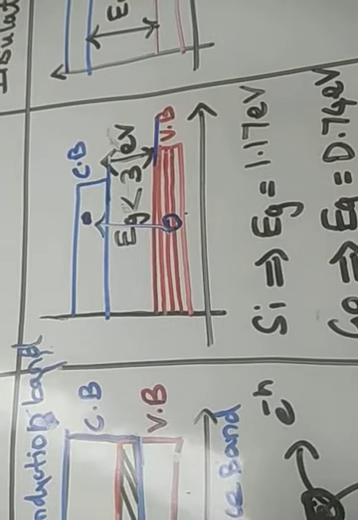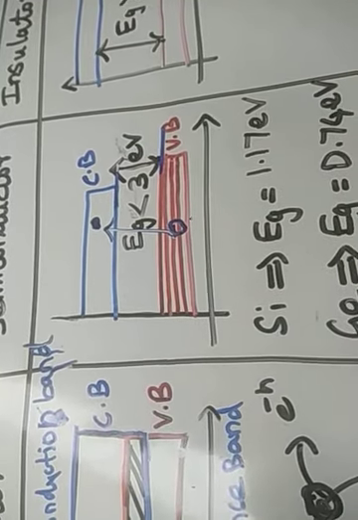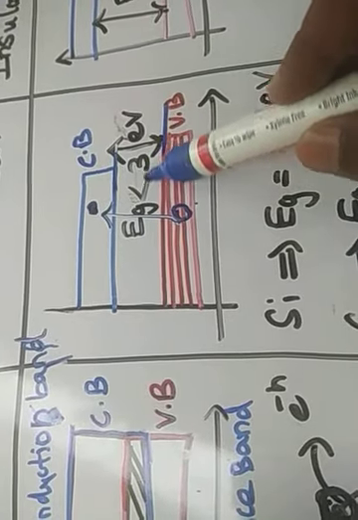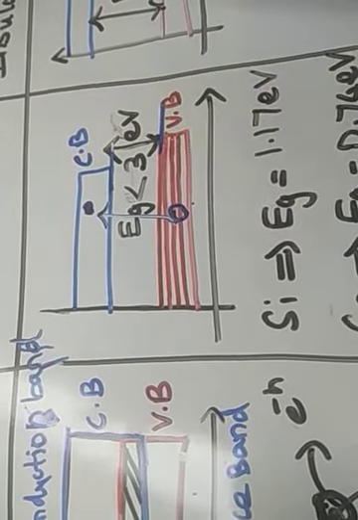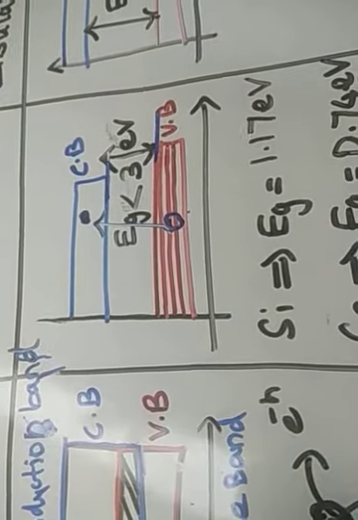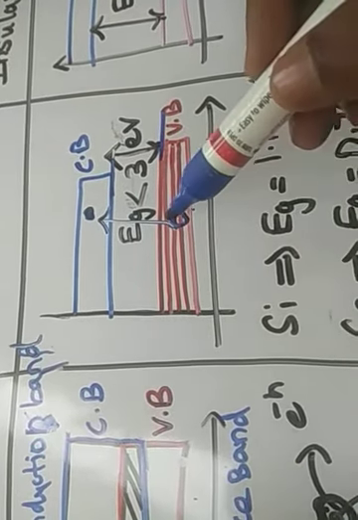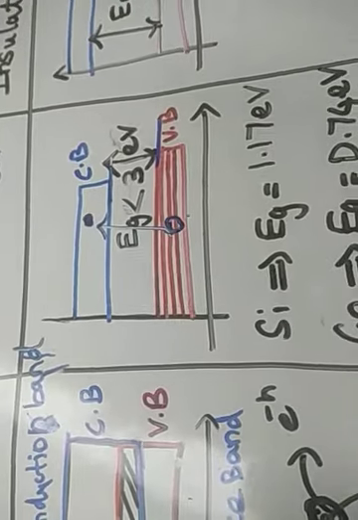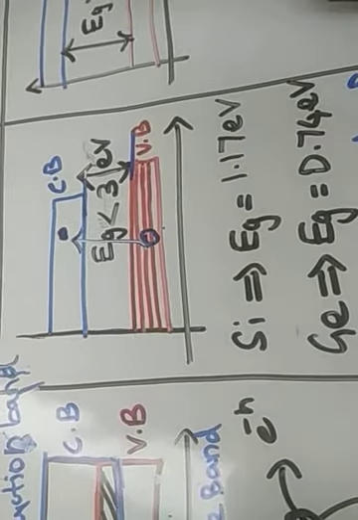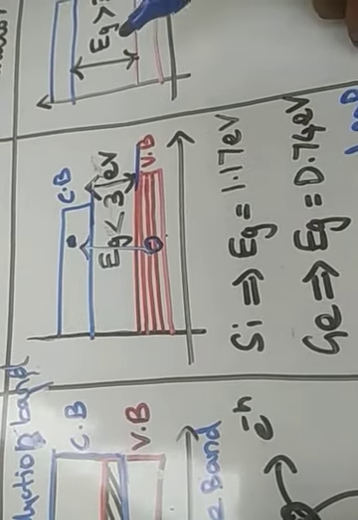If the temperature increases, if the thermal energy, less than 3 electron volt, is sufficient to break the covalent bond, then what will happen? The electrons come out from the silicon atom.